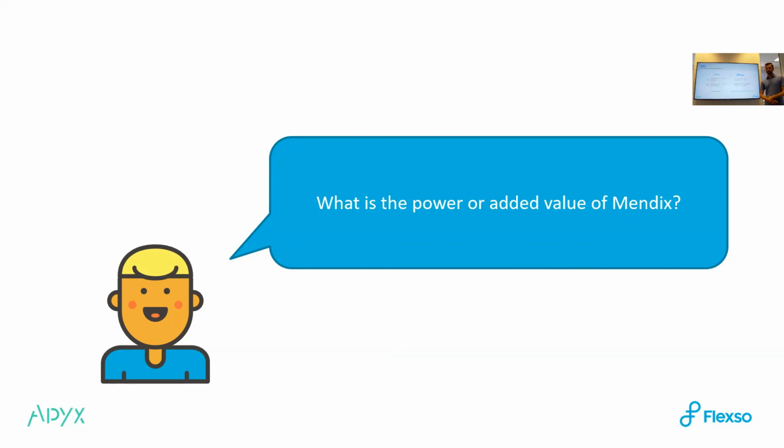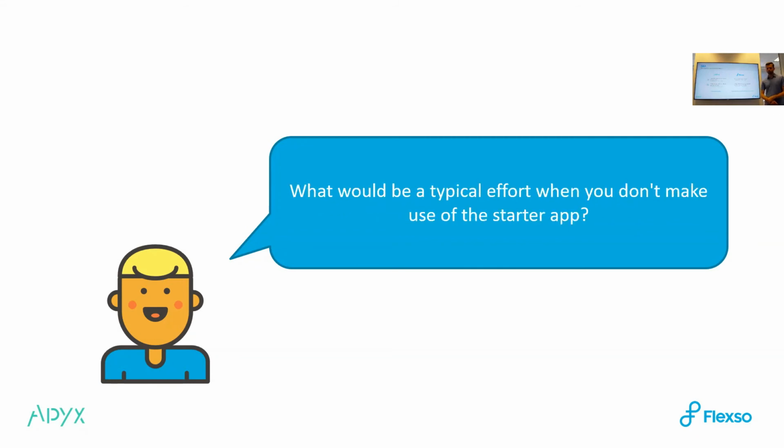Do we have more questions, Nicola? What would be a typical effort when you don't make use of the starter app? So from a Mendix point of view, what we see is when you look for and reuse the standard modules, which are generally available, and you try to run those SAP modules, and then you overcome some hurdles.